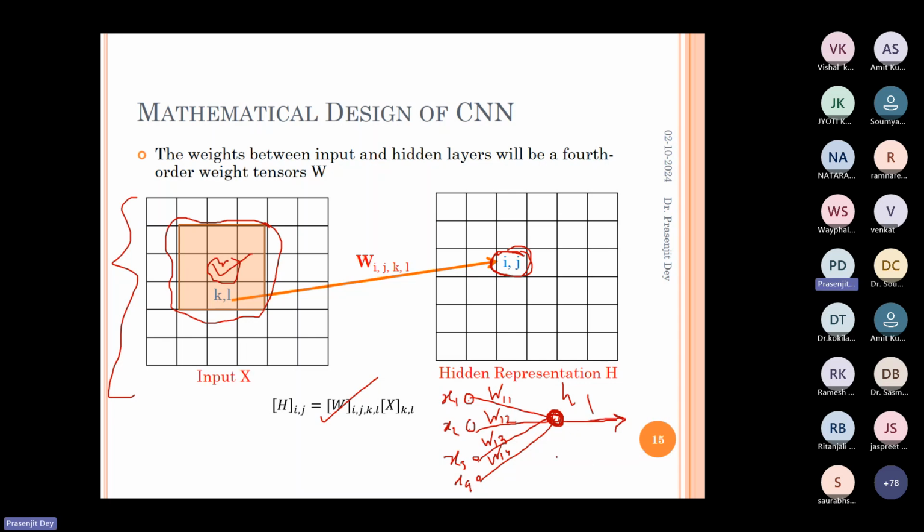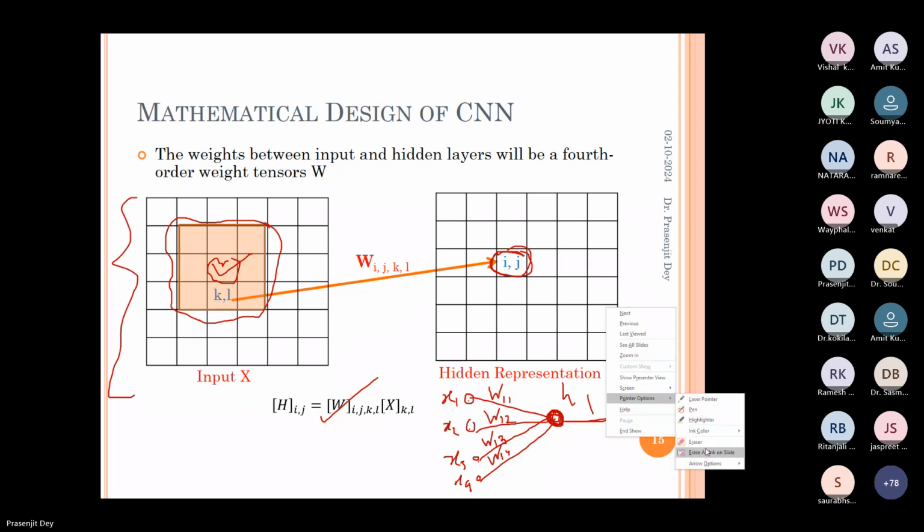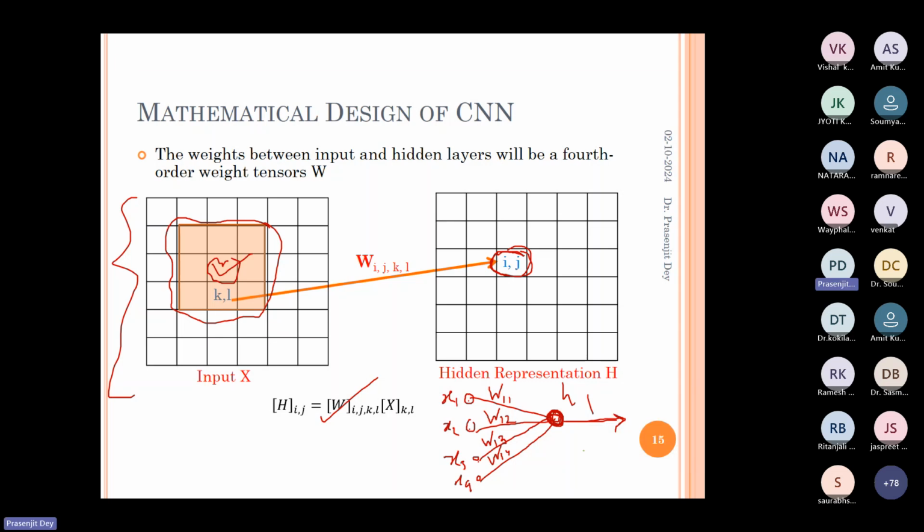So what will be the hidden node output? Suppose I want to represent the hidden node output as S of H1. Suppose this is the output of hidden node 1.